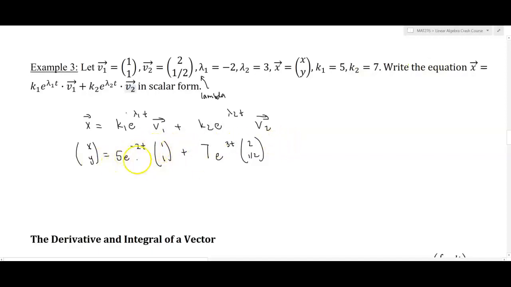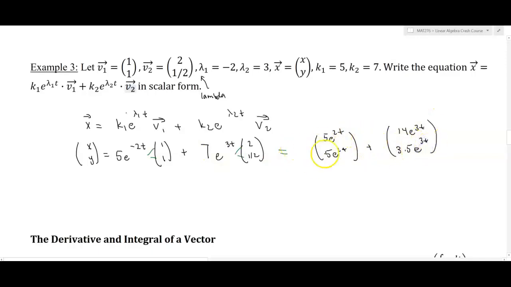So like before, we're going to distribute the 5e to the negative 2t and the 7e to the 3t. So this will come out to give us 1 times 5e to the negative 2t, and then 1 times 5e to the negative 2t again, plus, and then here we'll have 14e to the 3t, and 1/2 of 7, I'll just go ahead and write it as 3.5e to the 3t.